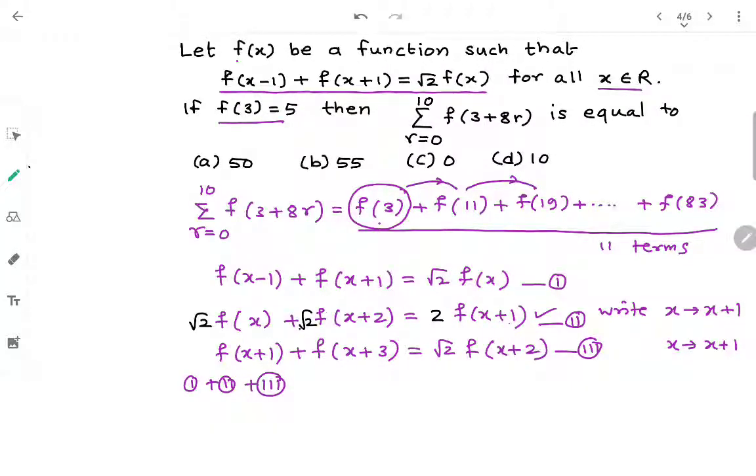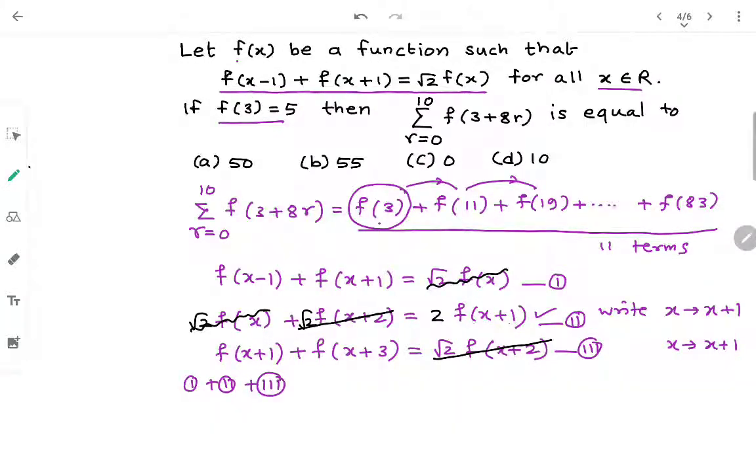Root 2 f of x plus 2 is on the left side in one and on the right side in another, so it gets cancelled. Also root 2 f of x gets cancelled.